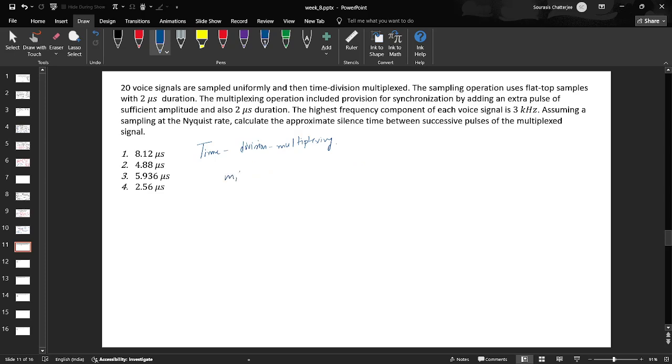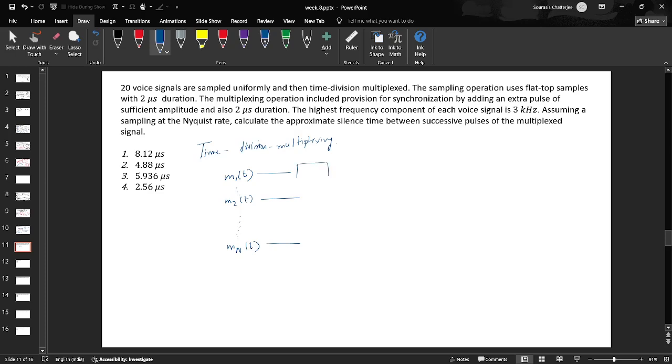Let's say there is one message signal, one voice signal, let's call it m1(t), second is let's say m2(t), and like this you go on, and there are n signals, say calling it mn(t).